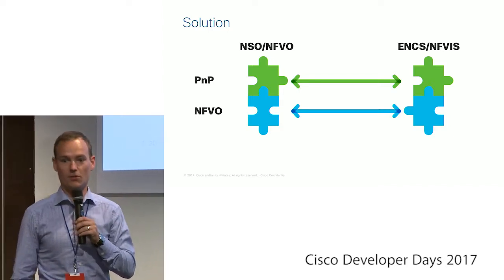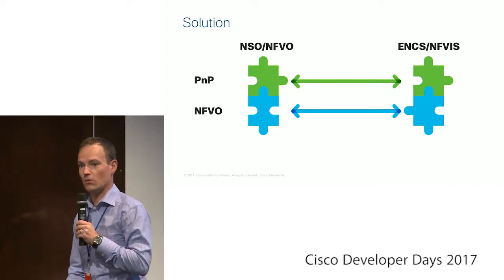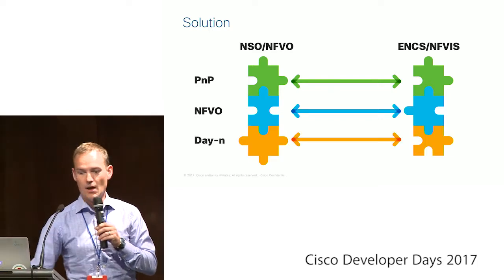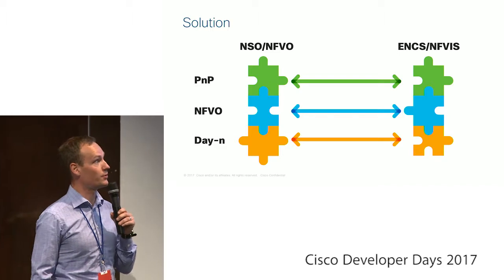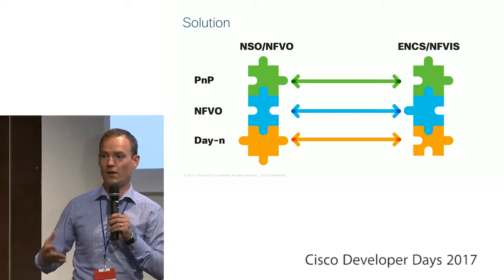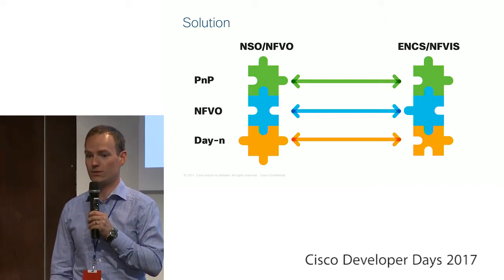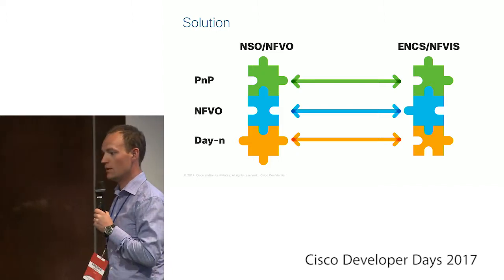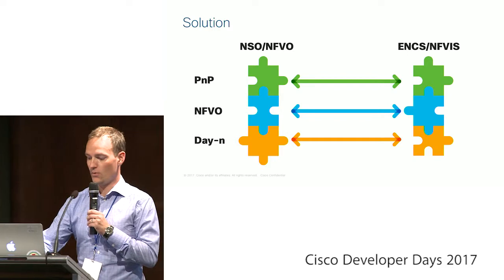For example, the ISR router, an ASA firewall, WSA, for example. And when they are up and running, you can start provisioning day 1 and day N configuration on these virtual machines running on the customer premises. So with that, over to you.